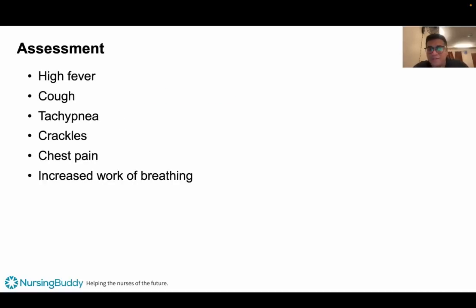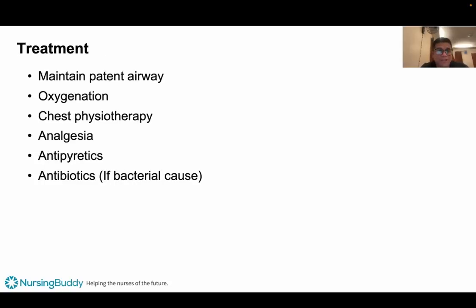So what can we assess on a patient with pneumonia? High fever, cough, tachypnea, crackles. Why crackles? It's because of the presence of secretions. Chest pain, increased work of breathing. These are the assessments we can see in patients suffering from pneumonia. Now let's discuss the treatment.